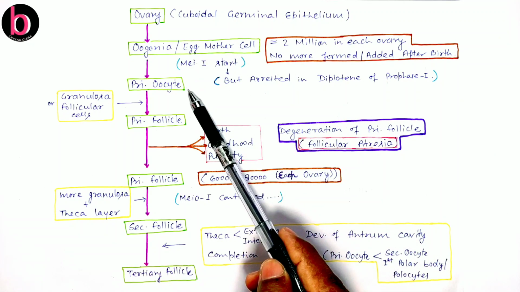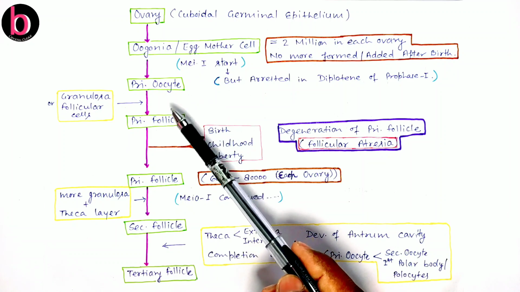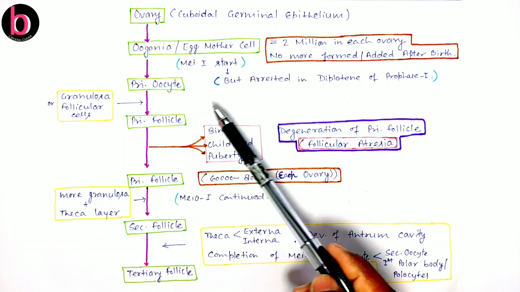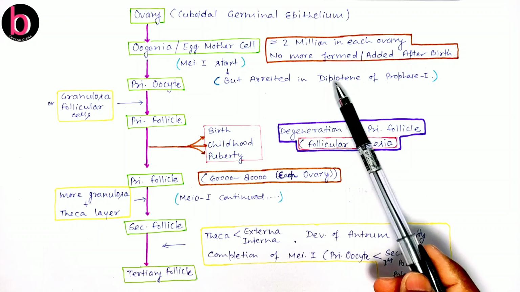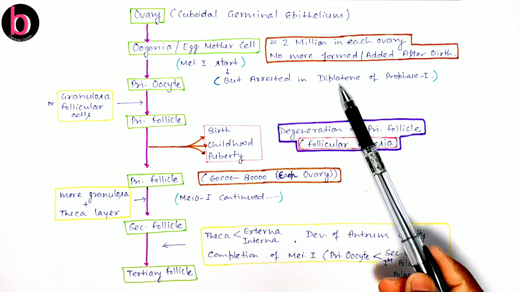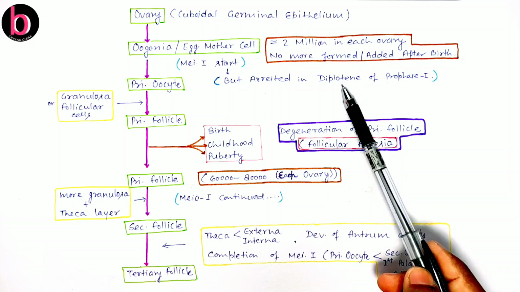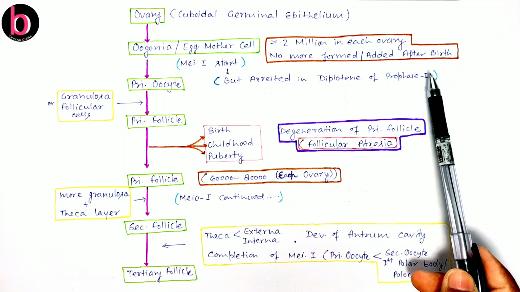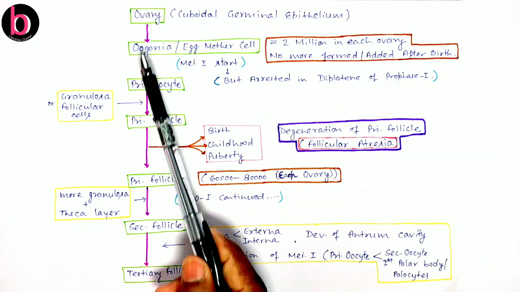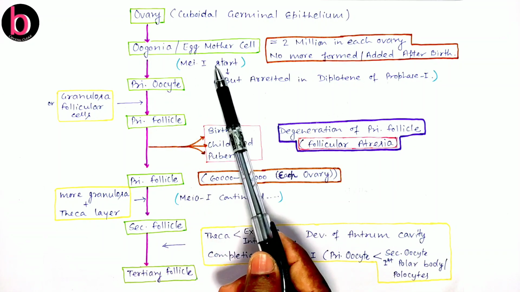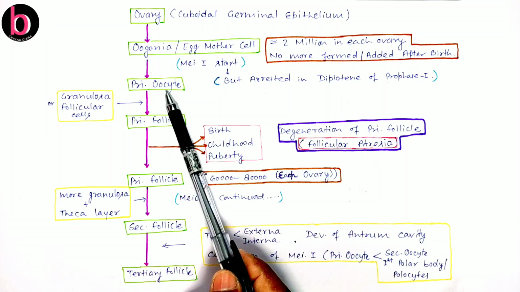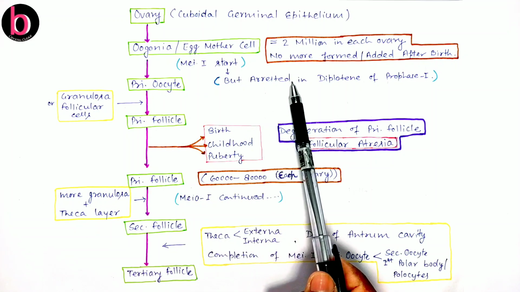When an oogonium is converted into a primary oocyte or primary follicle, which we discuss later, in which phase will there be a temporary arrest? This is the diplotene of prophase I. When the oogonium starts meiosis I and is converted into an oocyte, there will be a temporary arrest.